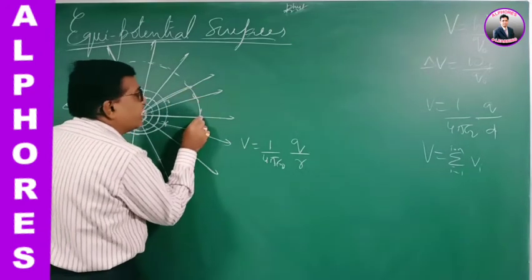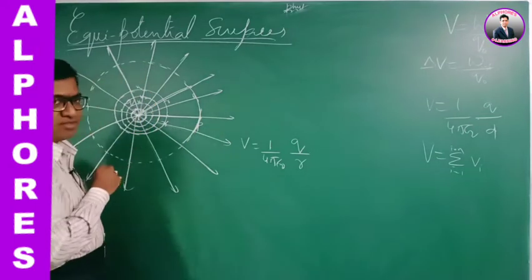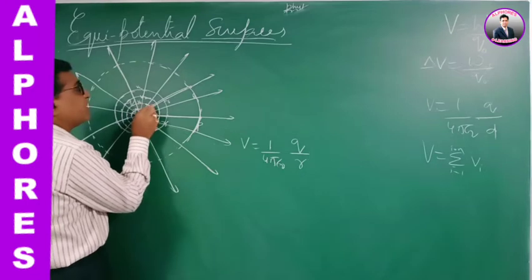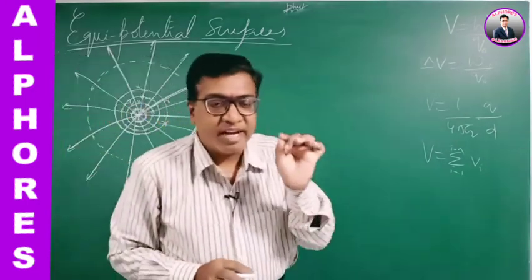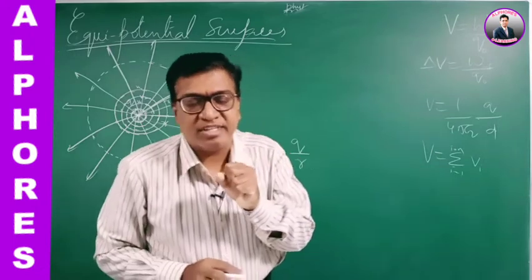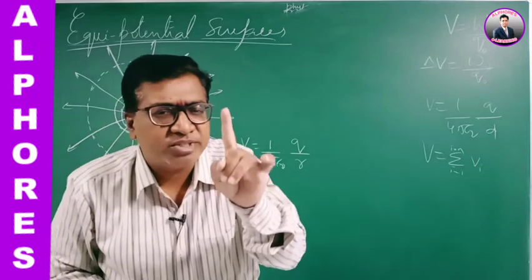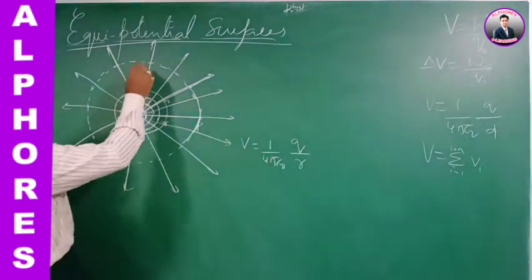At any point the line of force is normal to the surface. So you can infer that the electric lines of force are always normal to the equipotential surfaces.